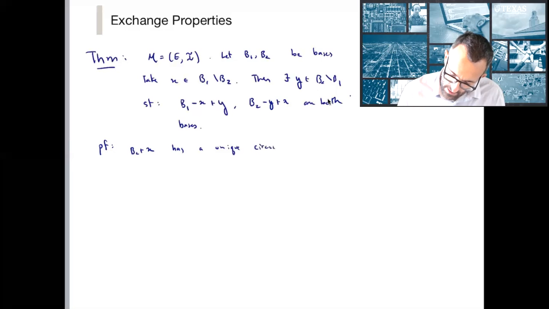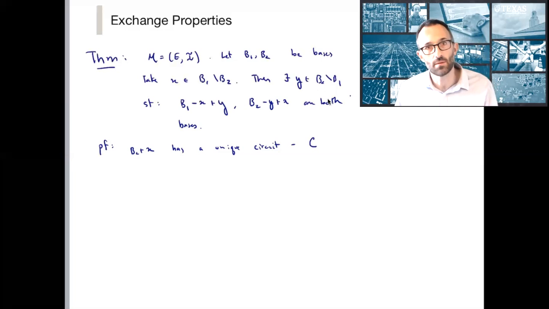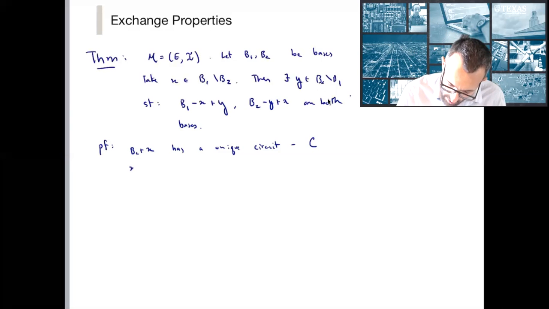Remember that a circuit is a minimal non-independent set. A unique circuit, let's call this C. And what it means is that any element in the circuit must be in the span of the other elements of the circuit, and in particular, x is in the span of C minus x.